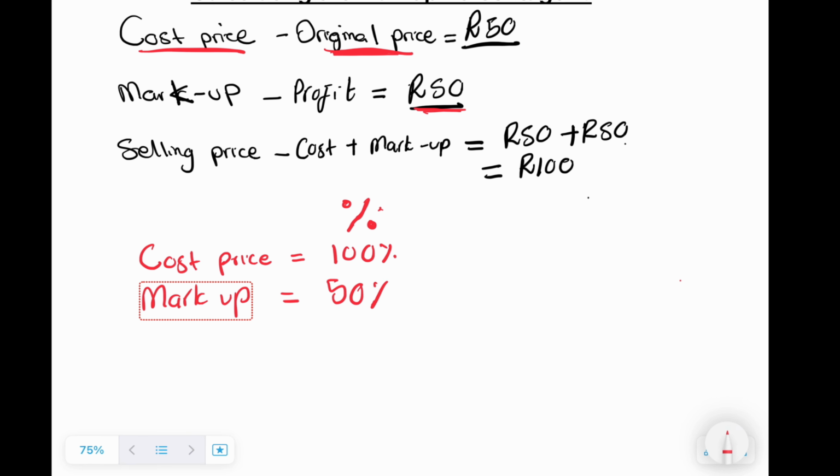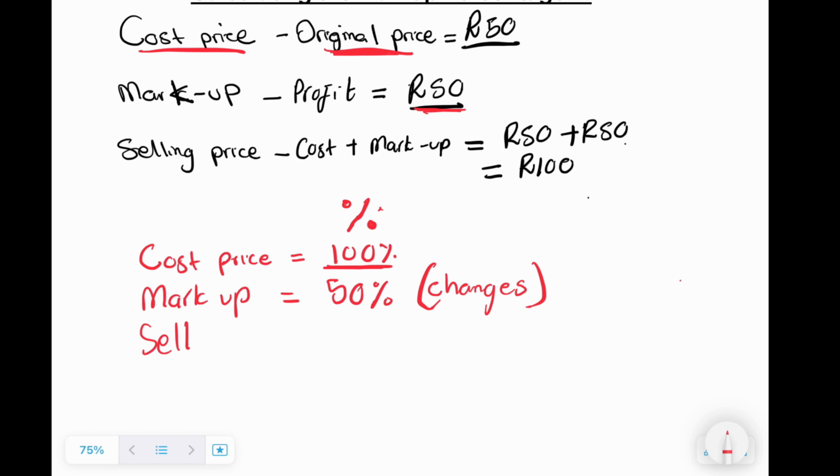So the markup will be 50%, and the markup is always changing. So it is not constant. The only percentage that is constant and does not change is the cost price. It is always 100%. So markup will always be given to you, or you will have to calculate the markup percentage. So the markup, I said, it always changes.